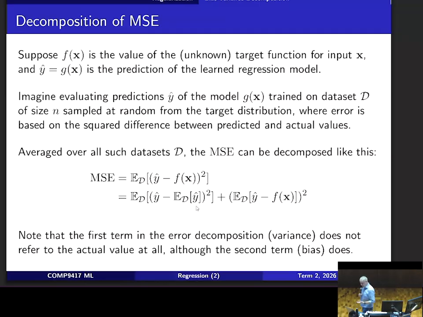So this is the variance term, and interestingly, there are things that you can do thinking about the variance term. You can also try and reduce the bias term, but the point is that you can think about these two components of error somewhat independently, and people have tried to come up with better learning algorithms in terms of MSE to address either the bias or the variance or both.